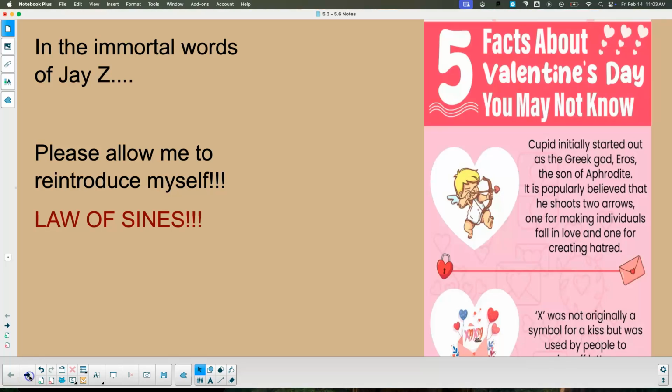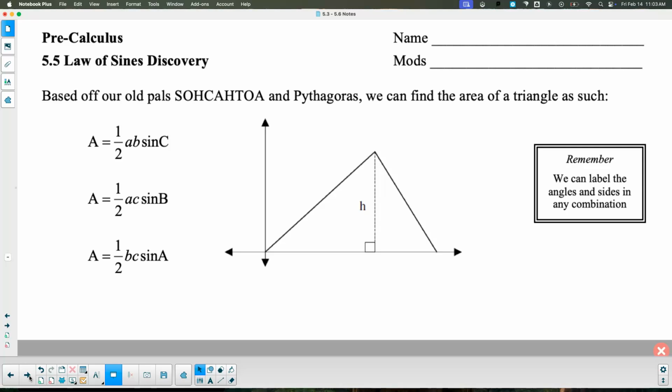Okay? So, here we go. Based off of our old pals SOHCAHTOA and Pythagoras, we can find the area of a triangle.